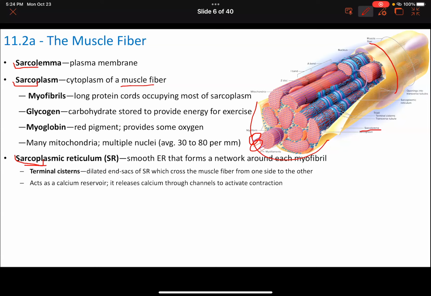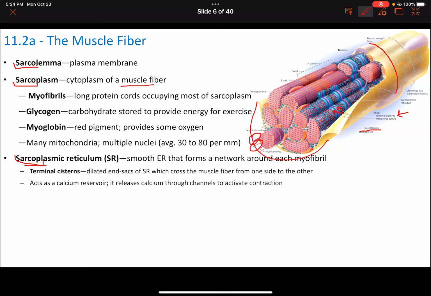The sarcoplasmic reticulum is a little different from the traditional smooth ER because it has dilated ends, and we call those terminal cisterns. They cross the muscle fiber from one side to the other. We will see these in other figures, but here it is right here, a terminal cistern on either side of the sarcoplasmic reticulum.